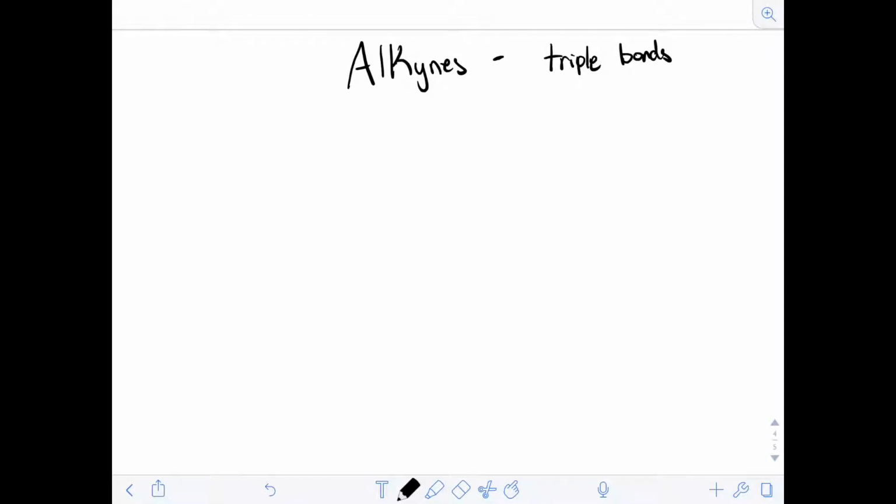Are triple bonds inside of carbon chains. So let's say we got a hexine here.